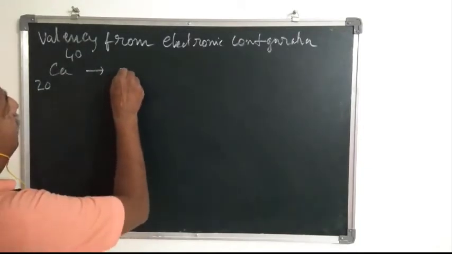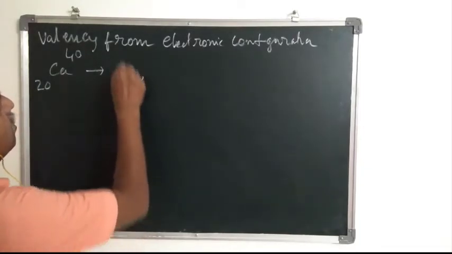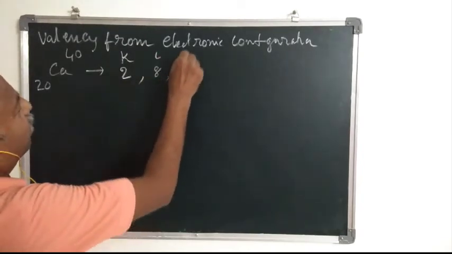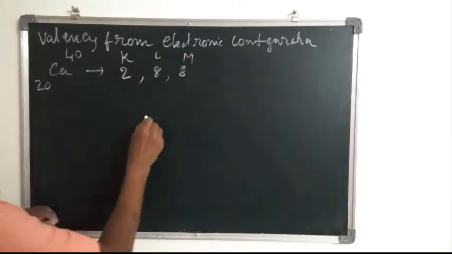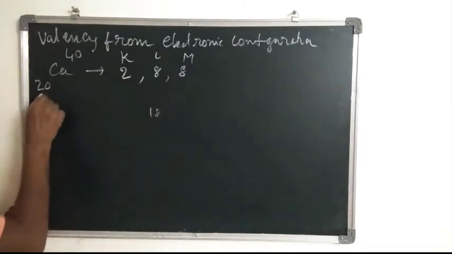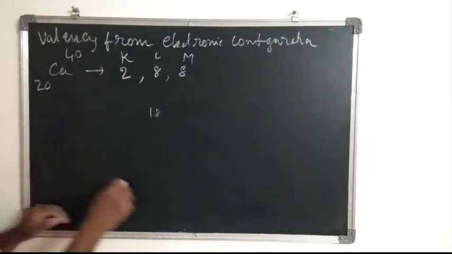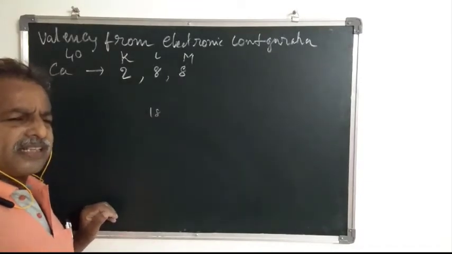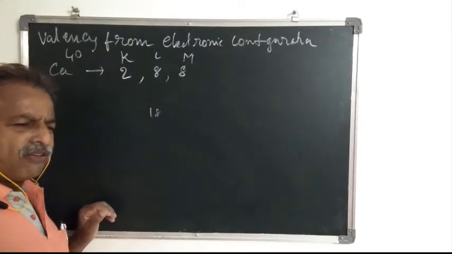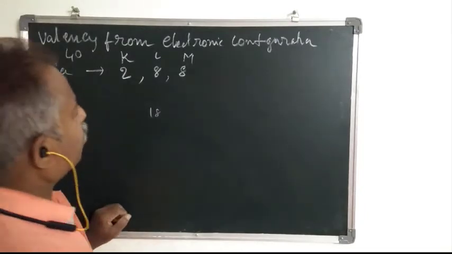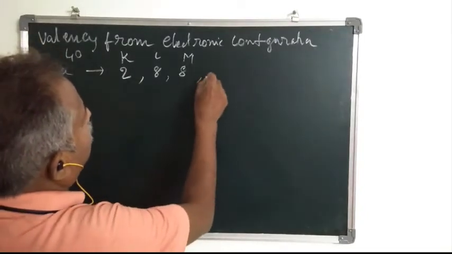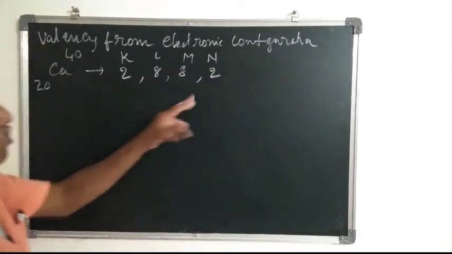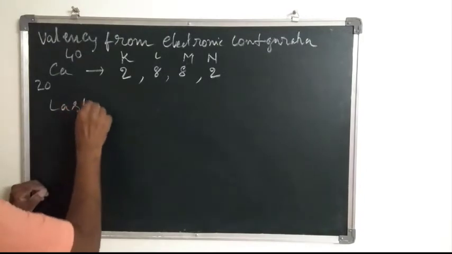So first shell only 2 electrons, that is K shell. Second shell 8 electrons. Third shell 8 electrons, M. Up to here 18 electrons are there, still 2 electrons are left. If these 2 electrons enter the third shell, it violates the second rule, that is maximum number of electrons is only 8 in the outermost shell. Therefore the leftover 2 electrons enter into the next shell, that is N shell. So what is the last shell here?